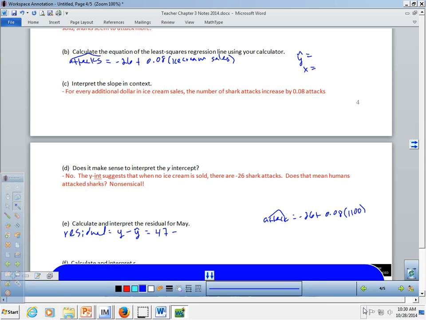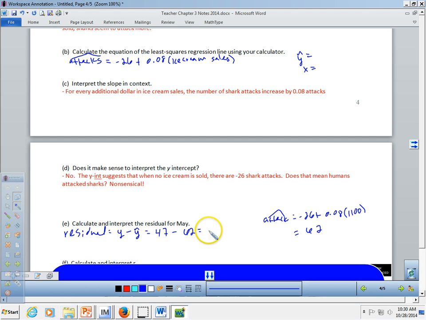Some quick calculation into your calculator suggests that we can round here. It's no big deal. It's 62. And so the prediction said there should have been 62 shark attacks.